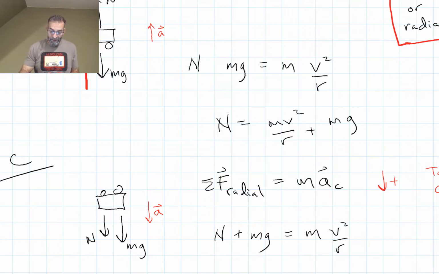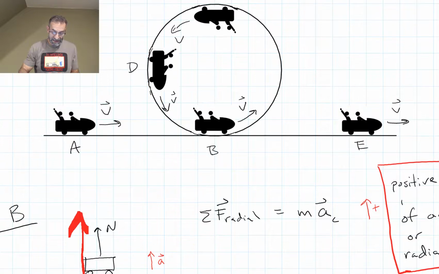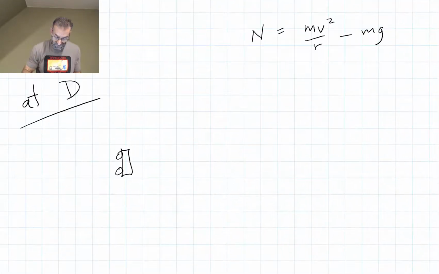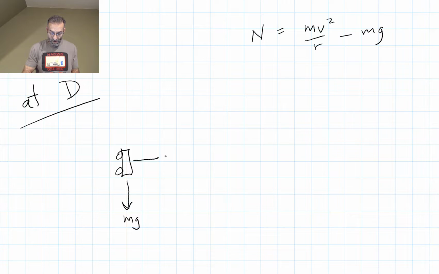Shall we look at one more point? Point D. Our cart's coming down here. The weight is pulling in this direction, and the normal force is pushing in this direction. And we say the sum of the forces in the radial direction is equal to ma centripetal.